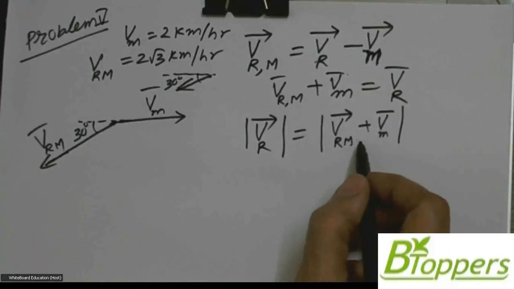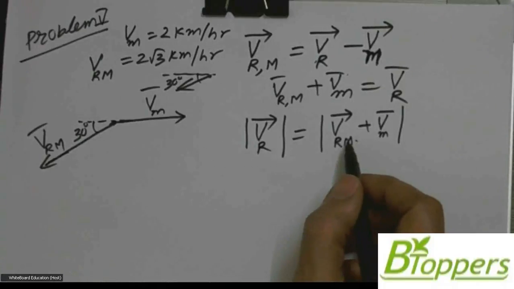Again, we are using the same formula which we have used in the previous problem for the magnitude of the vector sum of two vectors.